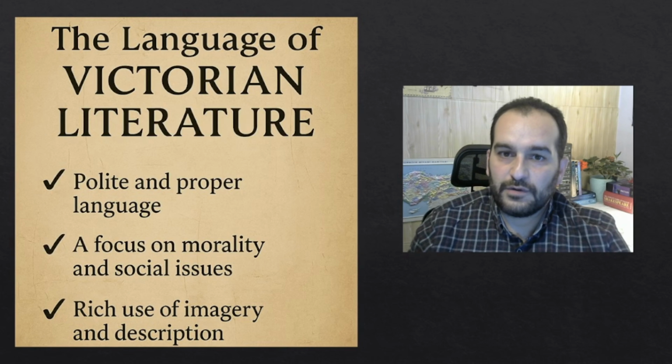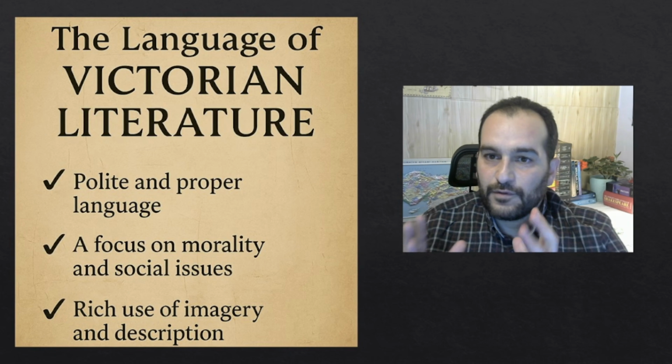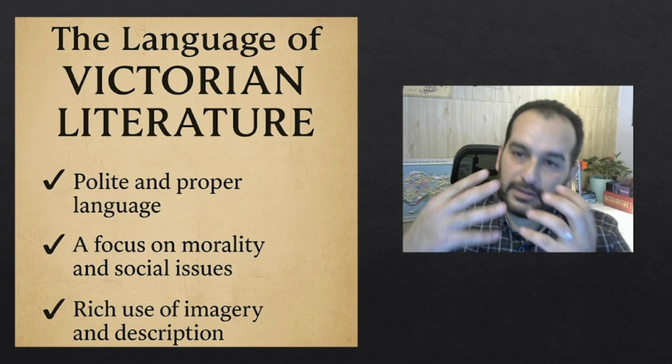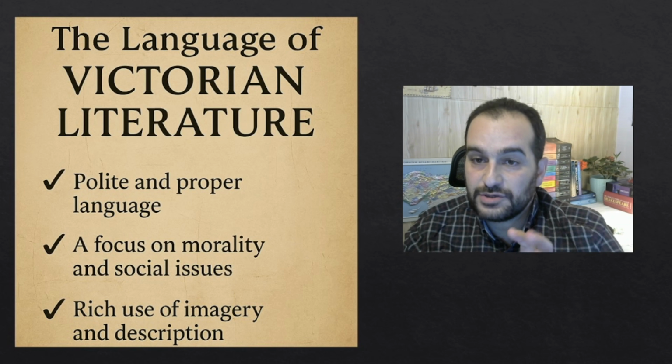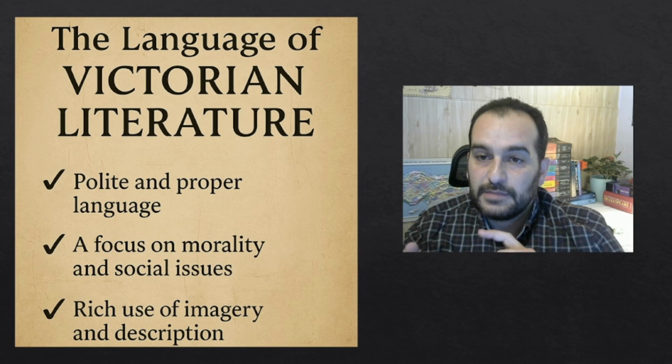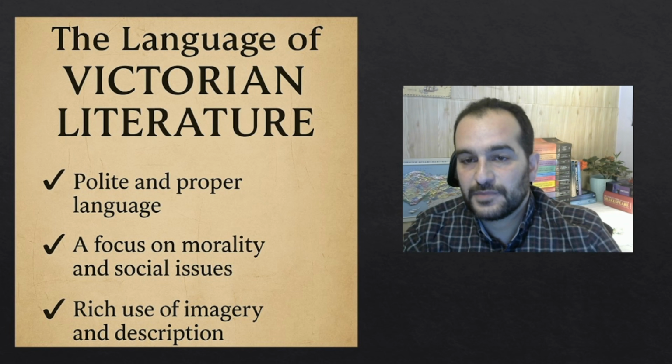The language of the Victorian literature: we see the use of formal descriptive language with long sentences and complex structures. We see the emphasis on imagery, symbolism, and allegory to reflect moral and social issues.